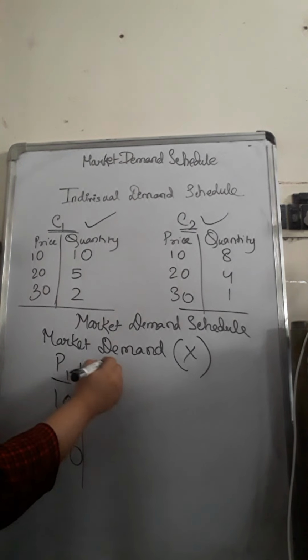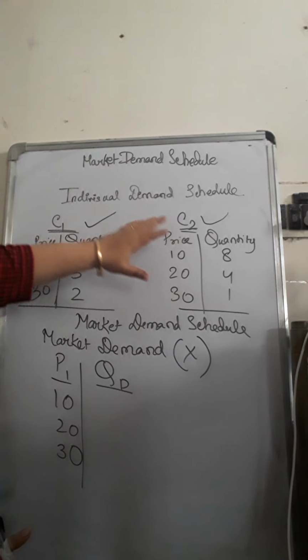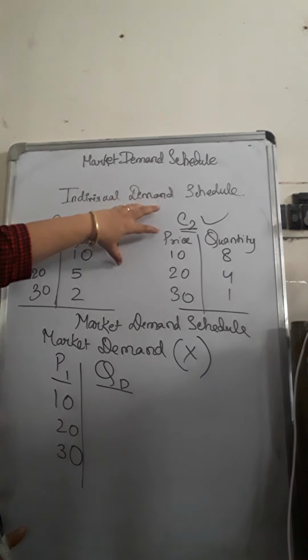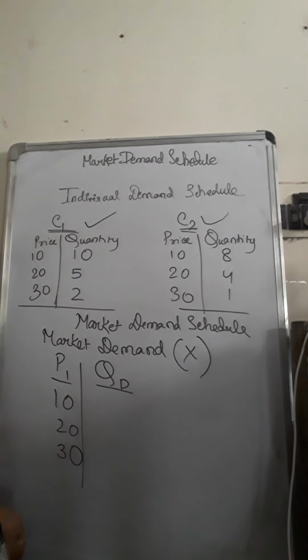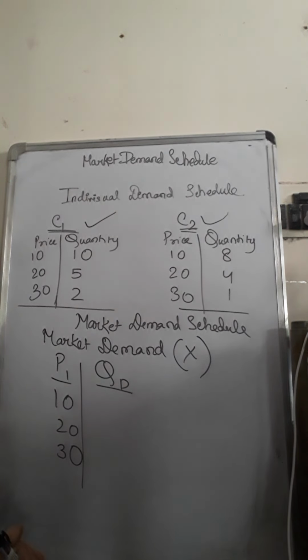And how will I get the market quantity demanded? No longer is it individual. Market comprises the sum total of all the individuals. So here, because we have taken only two consumers, it is as if the two consumers together form the market. So we have to add up what consumer 1 and consumer 2 demand at the particular prices.